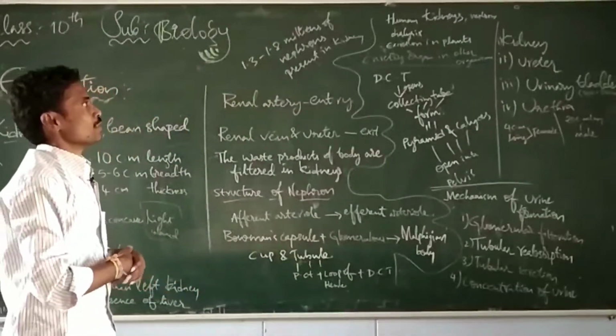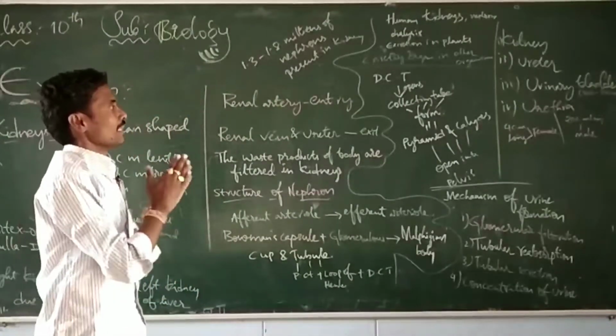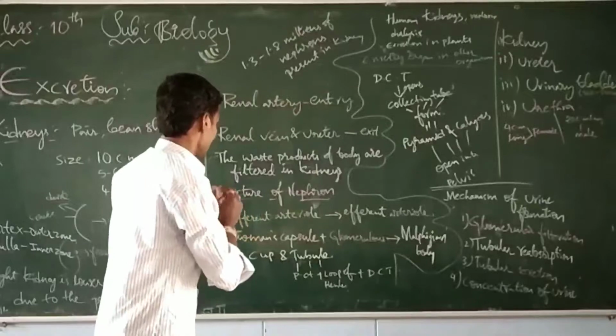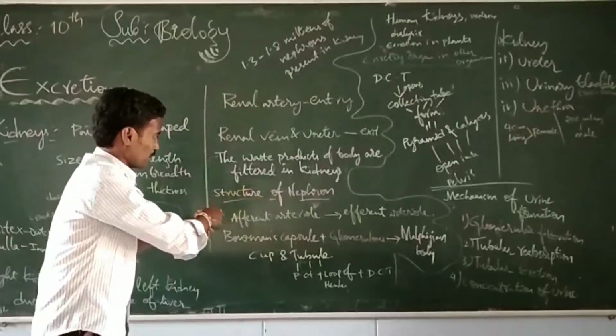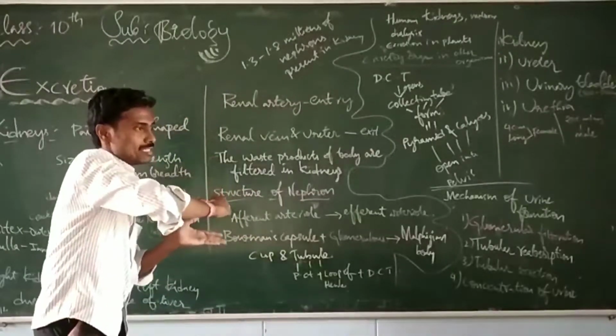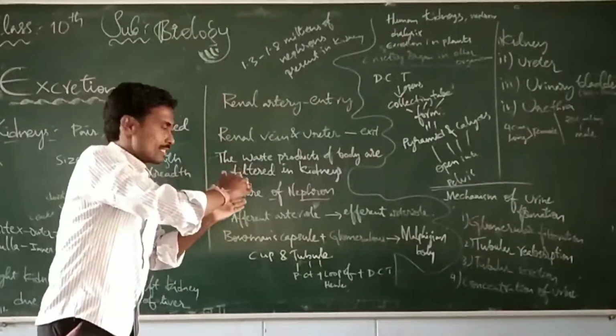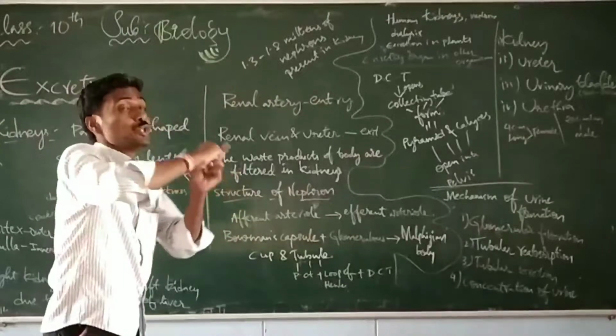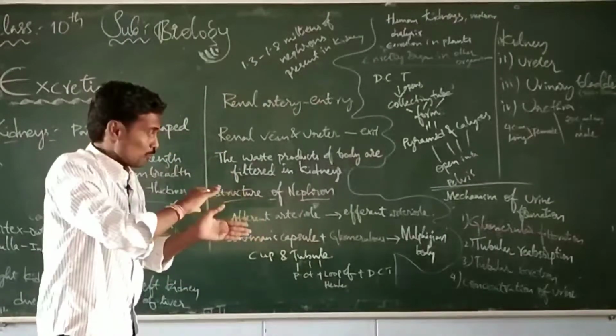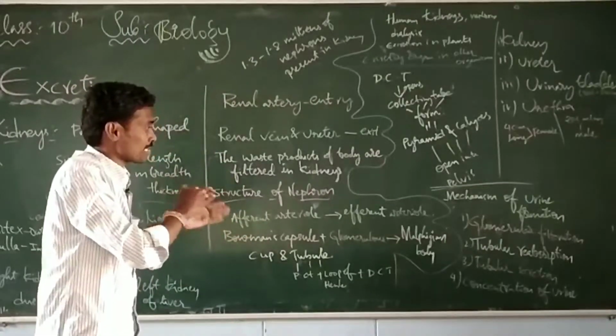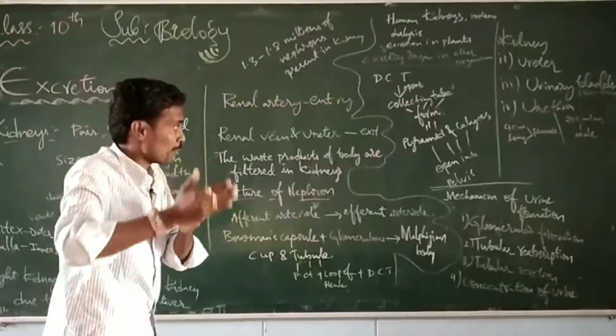So here let us discuss how urine is passed from the kidneys to the ureter. We have to call it how urine is formed.